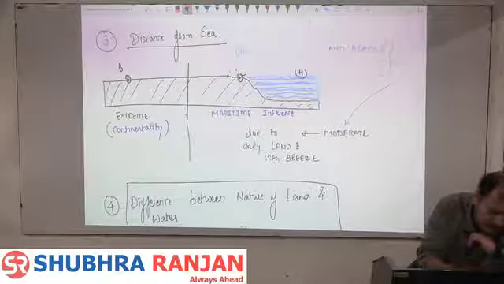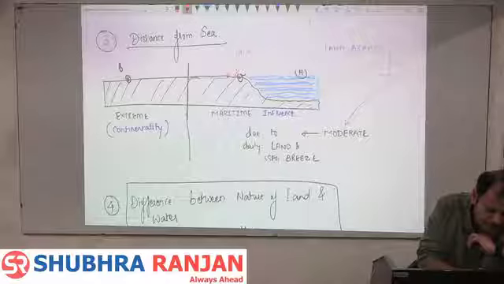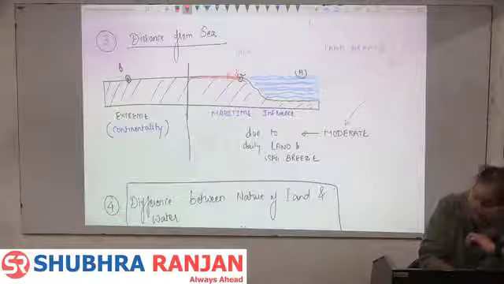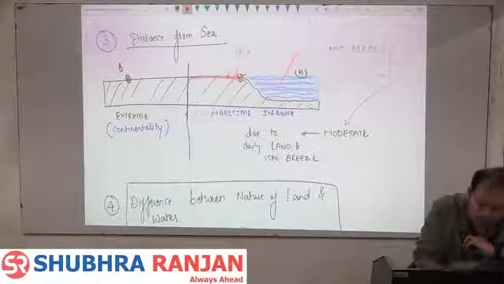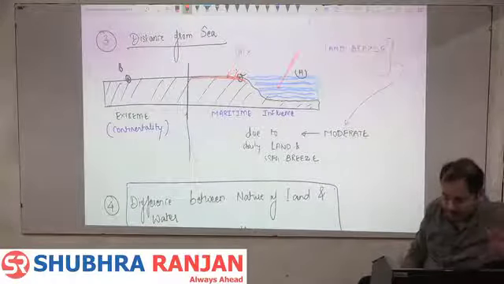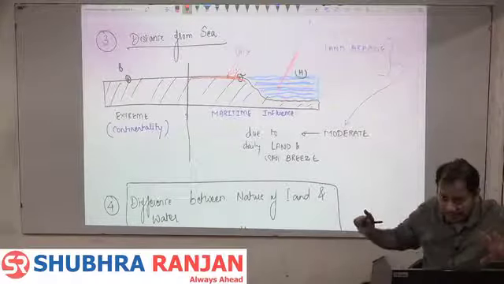Sun rays cannot penetrate very deep inside the land. So as a result, they will heat up only the superficial layer of the land. While in a water body, the sun rays will penetrate up to a depth of 200 meters. So it has to heat up more area as compared to the land.